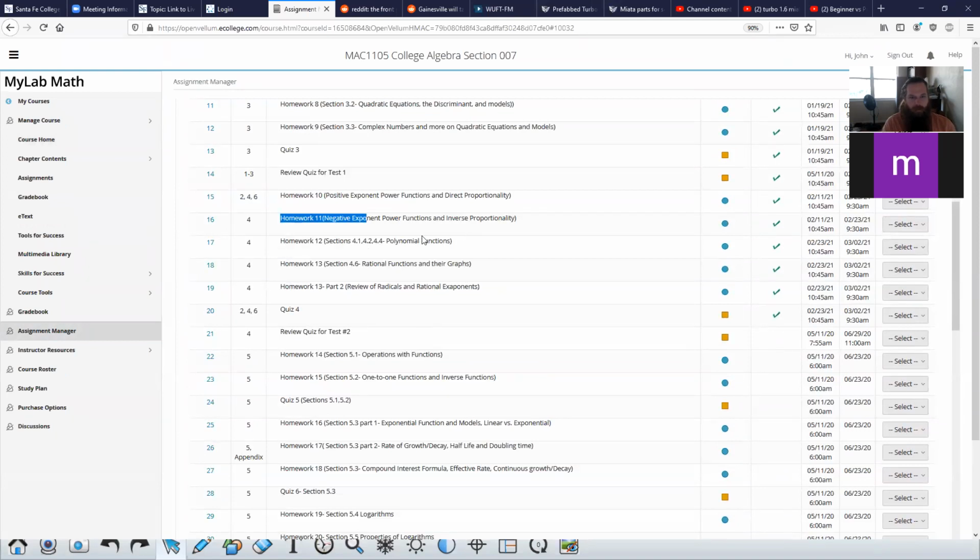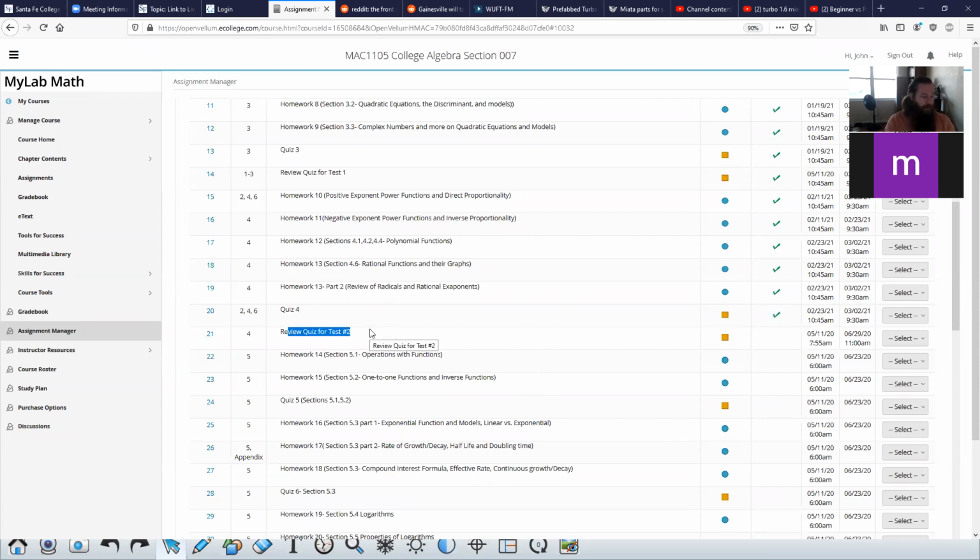We've got the polynomial homework and the rational function homework that we're looking at right now. And then there's a little review of radicals and rational exponents and quiz 4. All of that is open this week, mostly just homeworks 12 and 13. The other stuff is a review and a quiz on that material. And then we're doing the review for test 2.